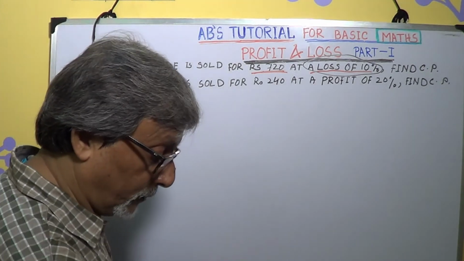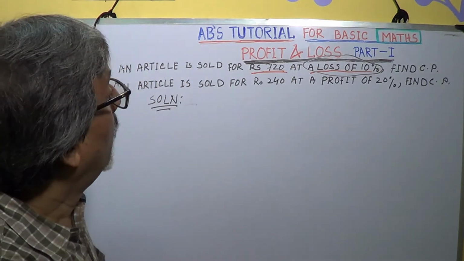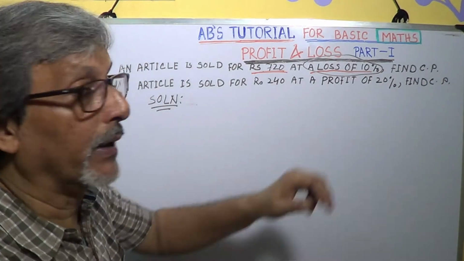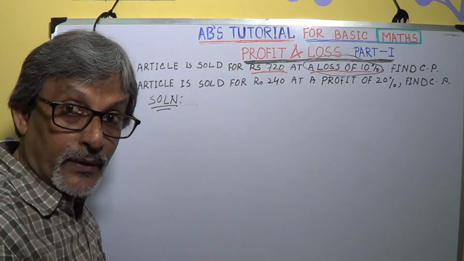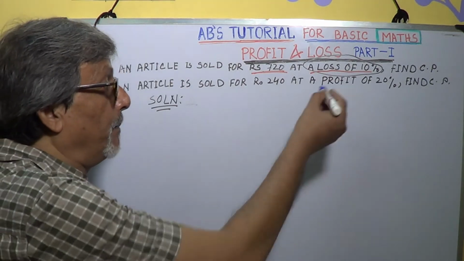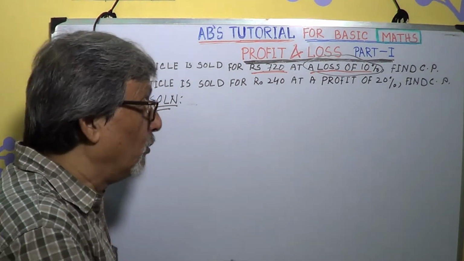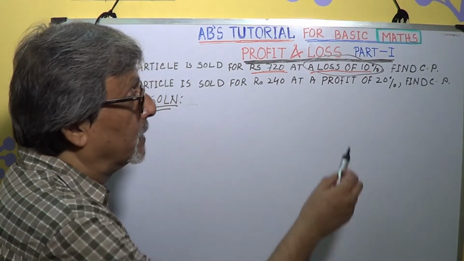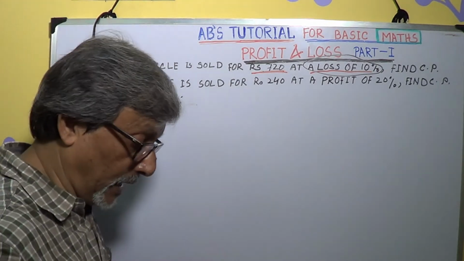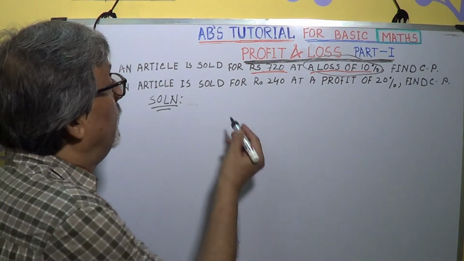The article is sold for rupees 240 at a profit of rupees 20. A profit of rupees 20 means we will add rupees 20 with 100.